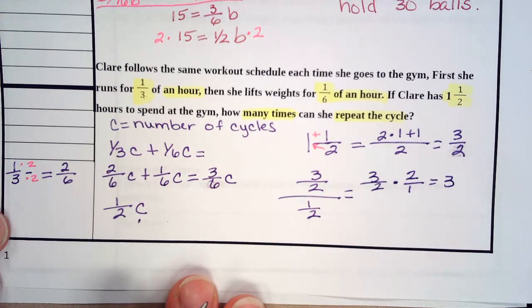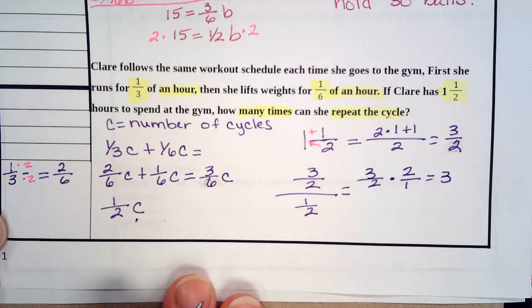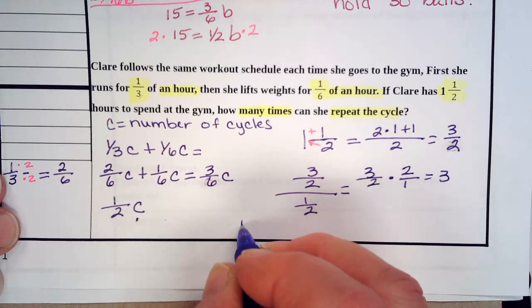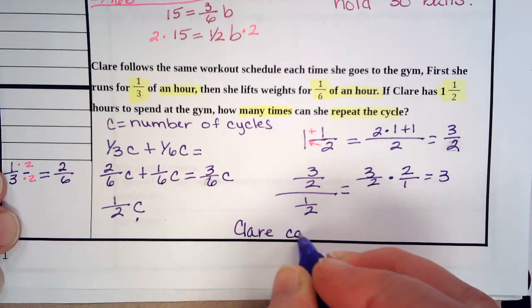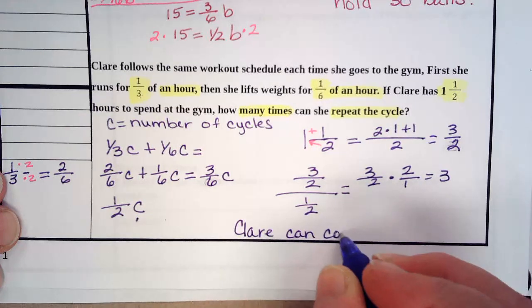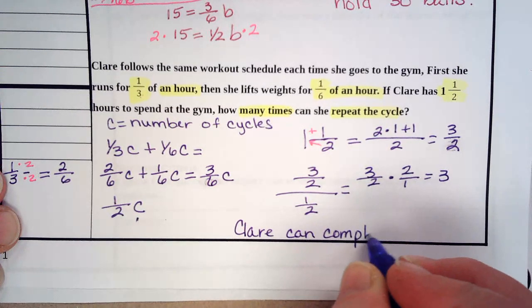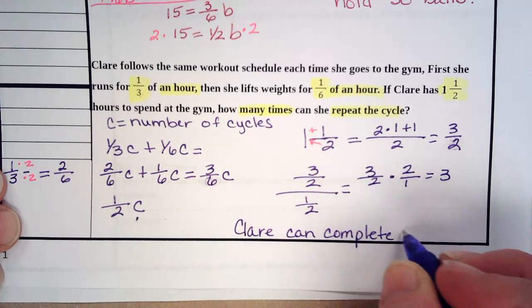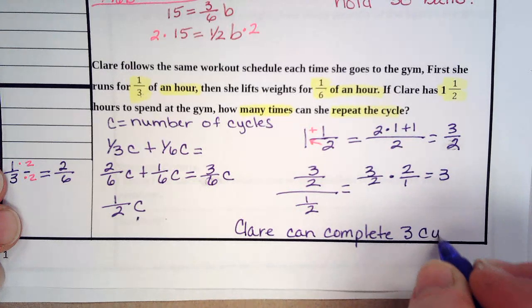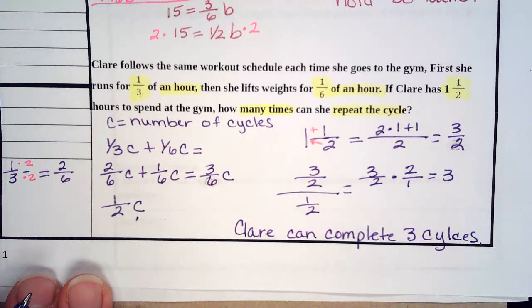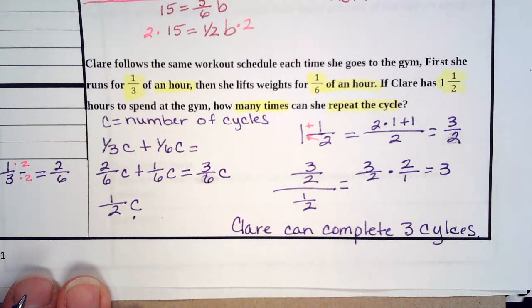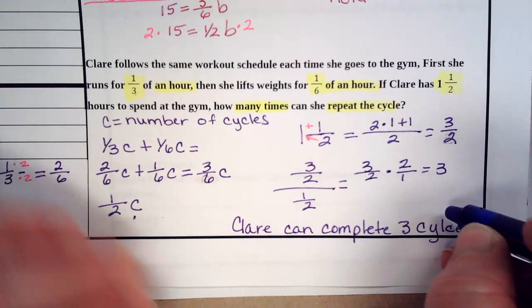But what does that mean? That means that Claire can complete 3 cycles each time she goes to the gym.